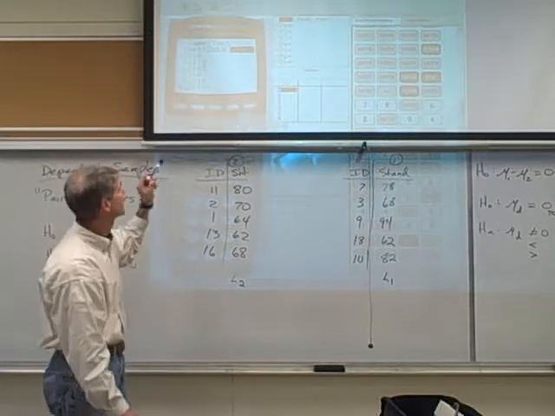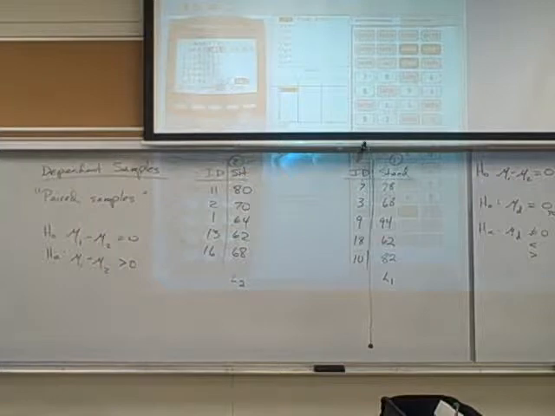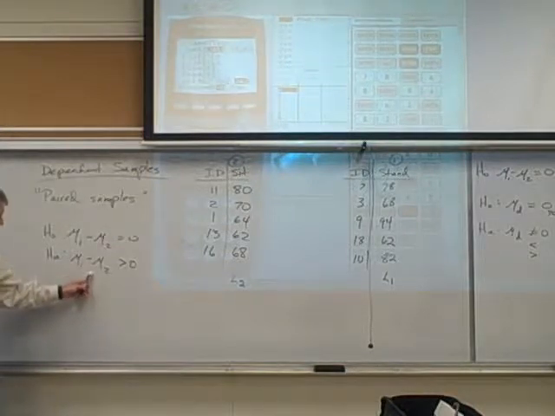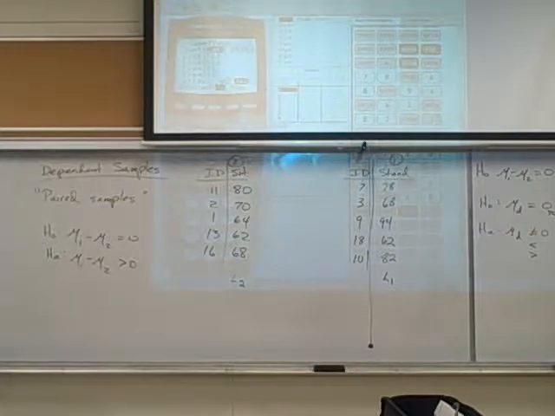I have data, so tell it data, and then it's going to want to know what lists your data are in, and it should say L1 and L2. If it doesn't, make it say L1 then L2, because I want my standing to be group 1. And then pick the greater than mu2 symbol, because if I move mu2 over to this side, then I still have the greater. So use the greater than symbol. And then say pooled no, and calculate.